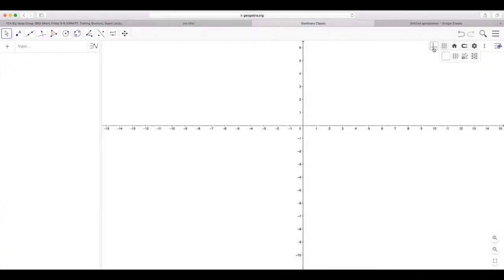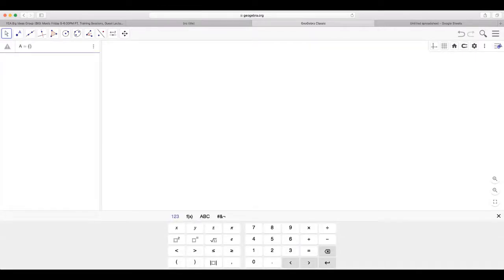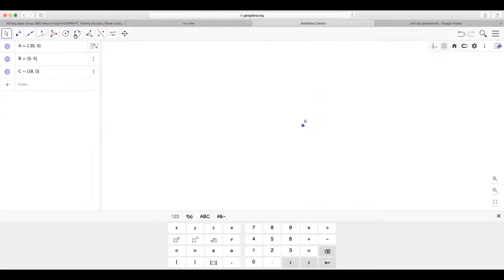Just do it this way. What else are we given? Non-zero radius.